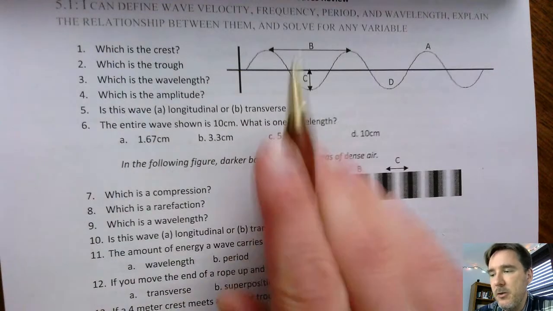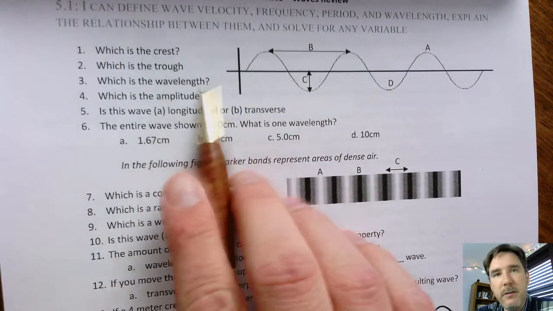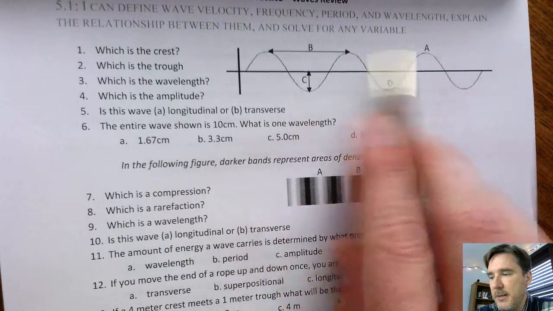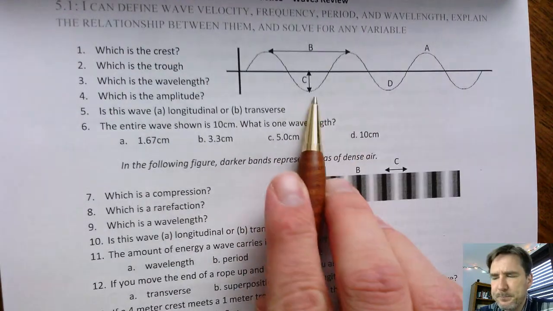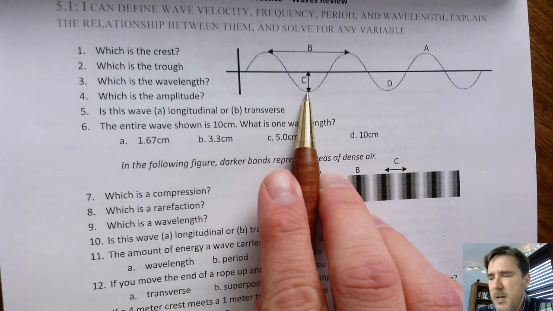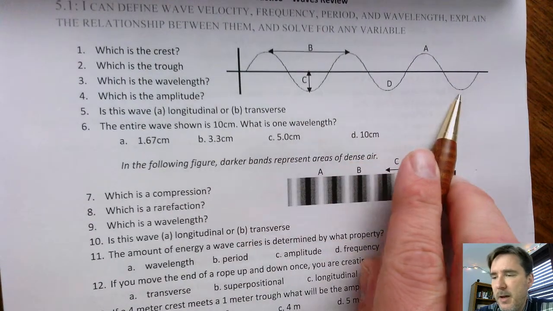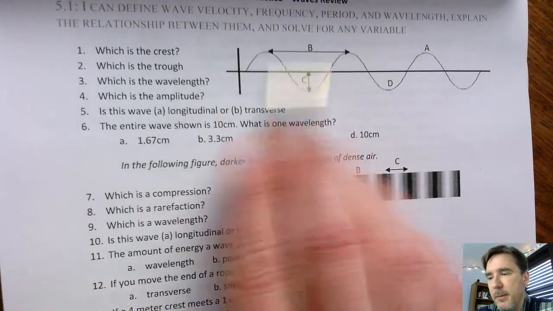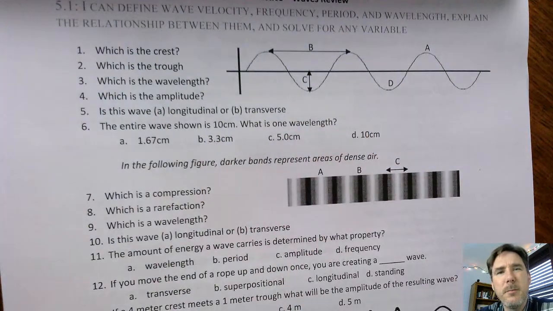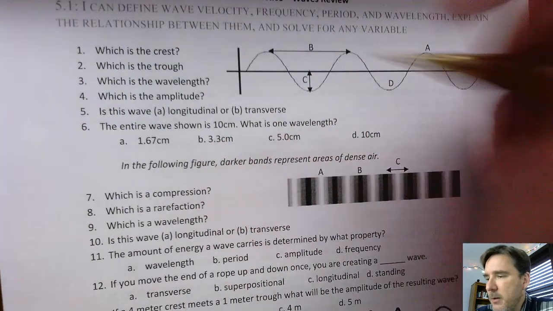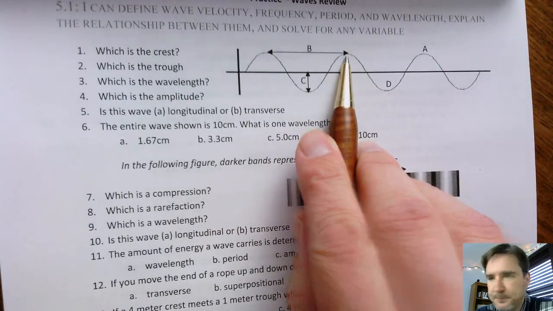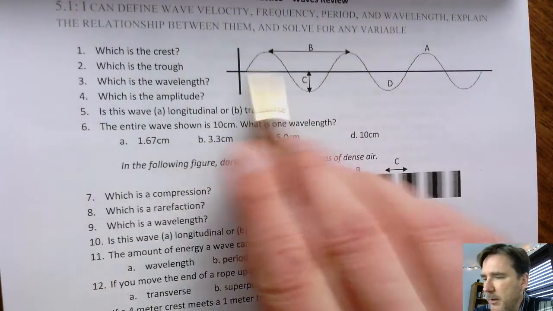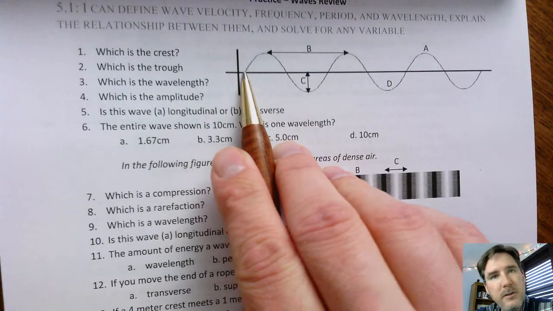Again, just make sure you know the different parts of the wave. The crest is going to be the tops of all the waves here. The troughs will be the bottom parts. A wavelength is going to be letter B here. Any distance, like a full complete cycle. So it could be from the top of a crest to the top of the next crest, or it could be from, say, here, and it just has to be a complete cycle.